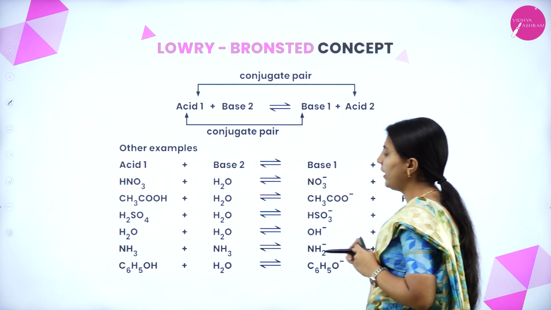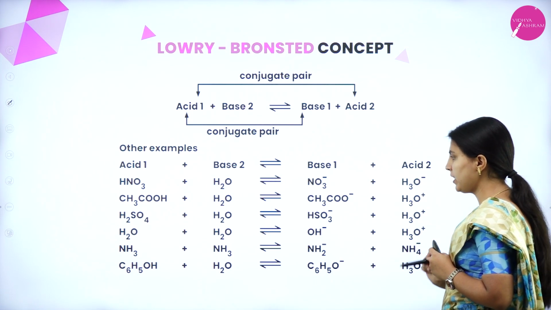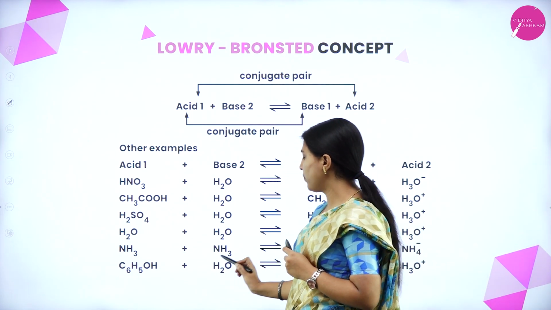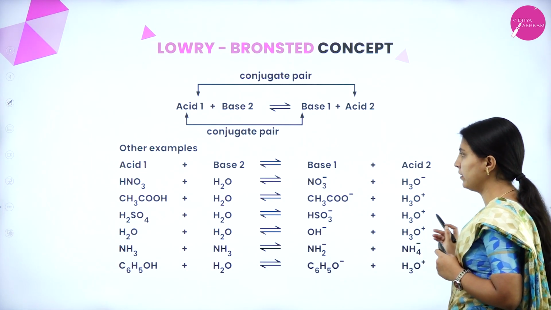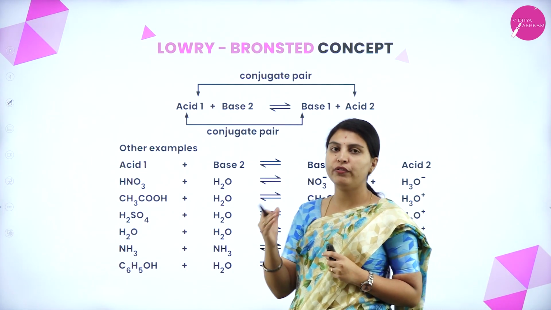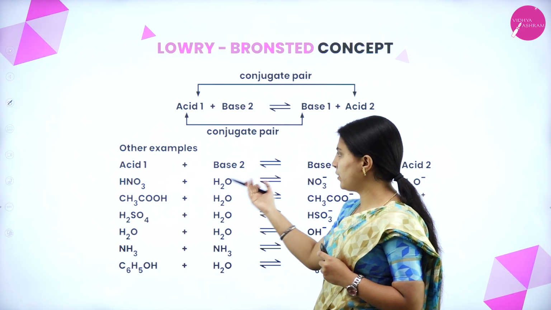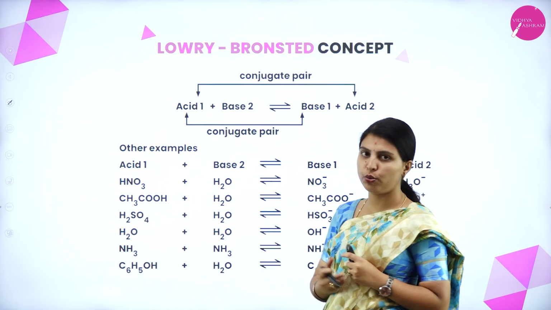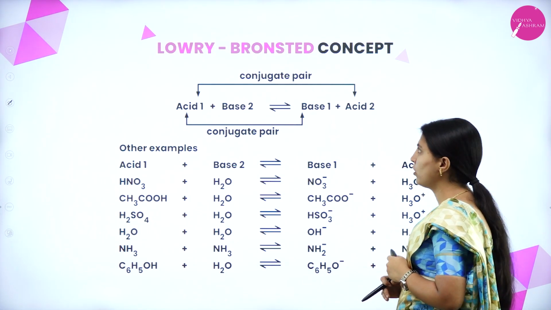And in ammonia and ammonia, NH2- and NH4+. Phenol C6H5OH with water gives C6H5O- and H3O+. These are the examples of formation of conjugate pairs of acids and bases with acid 1 and base 1 and base 2 and acid 2. This is about the Lowry-Bronsted concept.